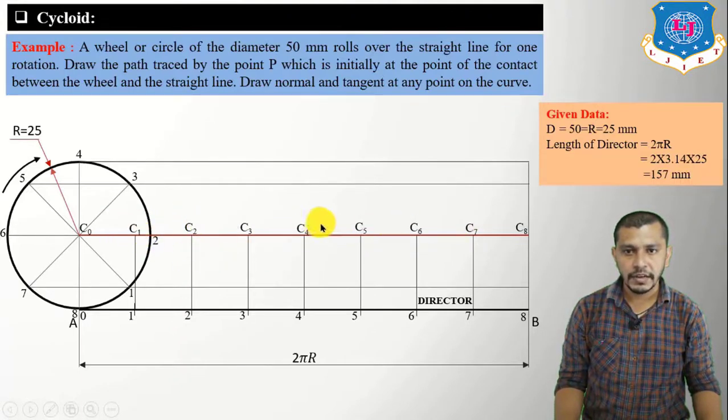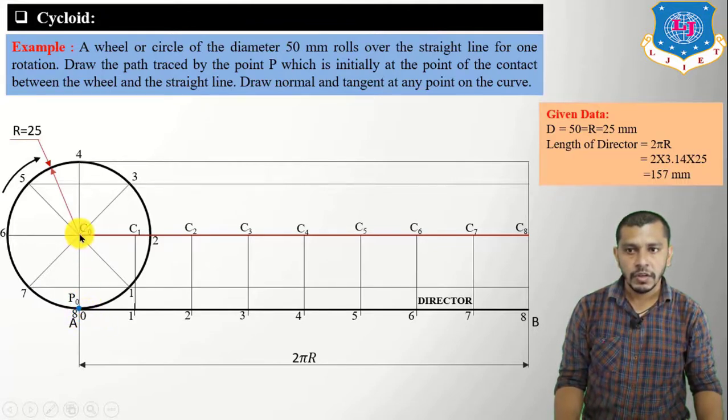Now, after showing the centers of the circle, measure the radius of the circle, 25 mm, on the rounder. Take C0 as center and give an arc on the 0 line. So here we will get P0.